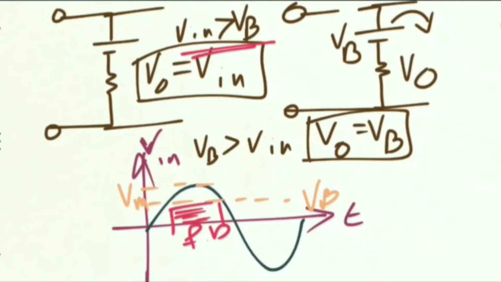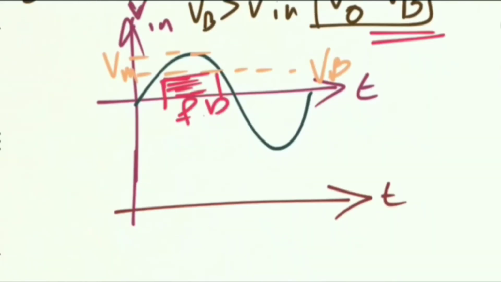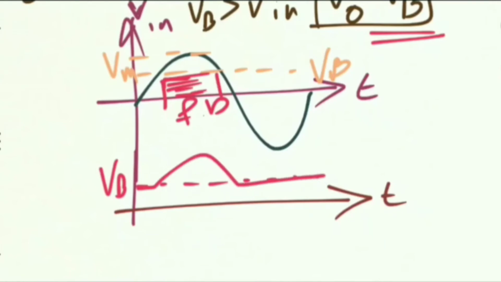So for this duration the output will follow the input, and except this duration in every cycle Vo will have a steady value of Vb. Suppose at this position Vb is situated, so our output graph will look like this.